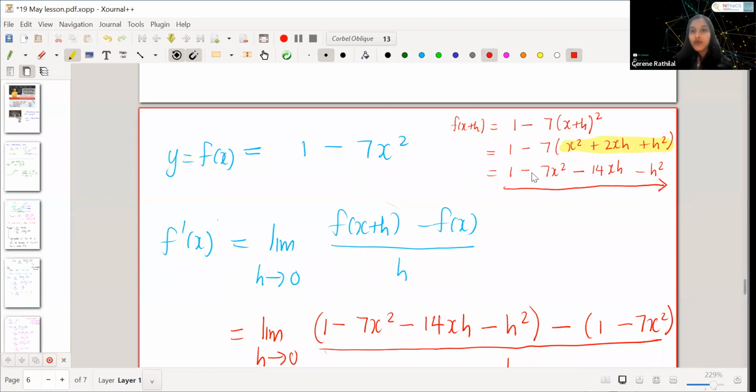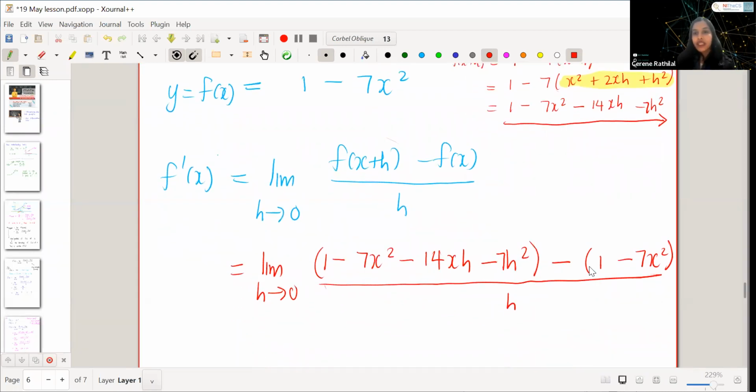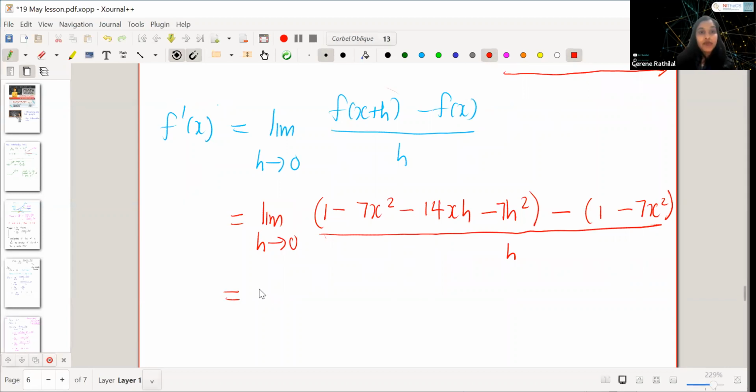So when distributing, we get negative 7x squared, negative 14xh, and negative 7h squared. Thank you very much for pointing out that I didn't put the 7 in there. So let's put our 7 in here. That has now been written down correctly. And then we've got a minus f of x, which is 1 minus 7x squared. So are we all good up to that point? Everything correct? Right? Wonderful. So now we're going to simplify what we have.